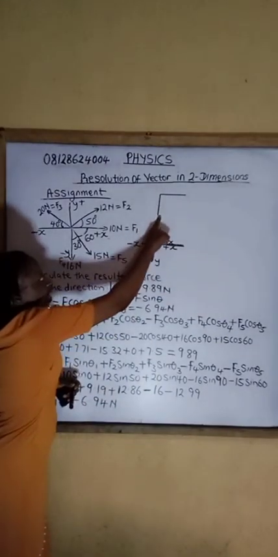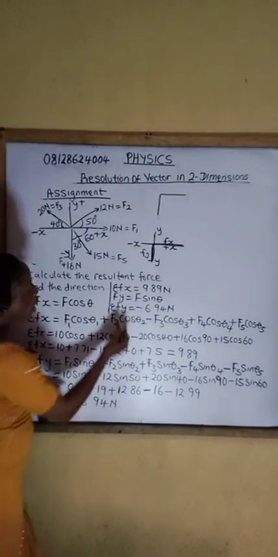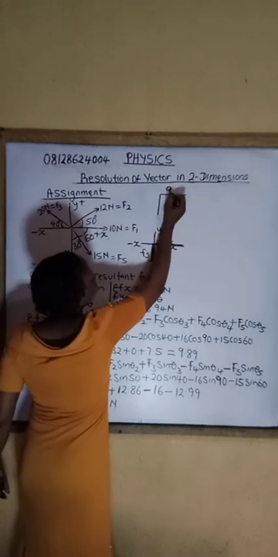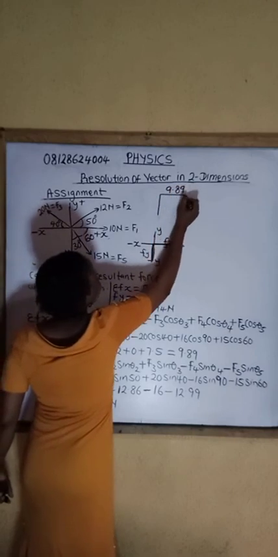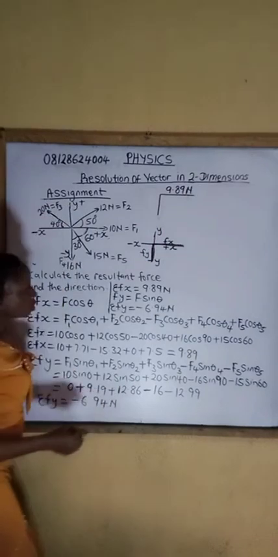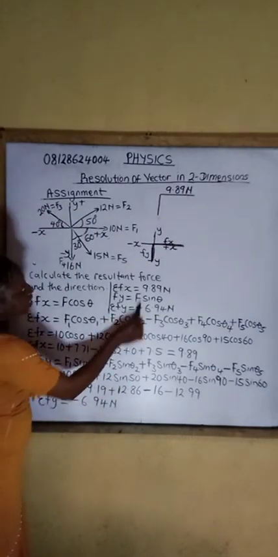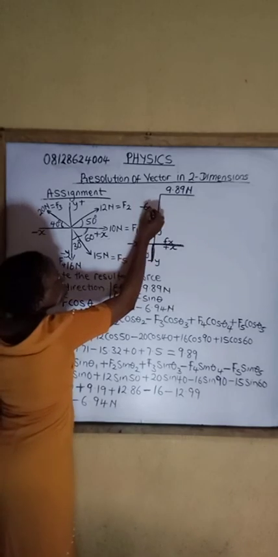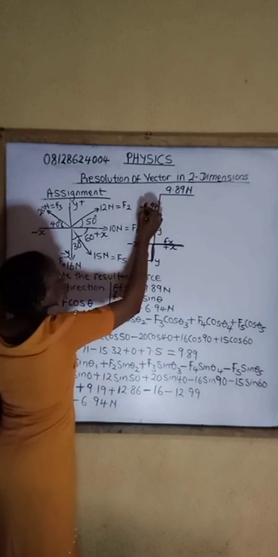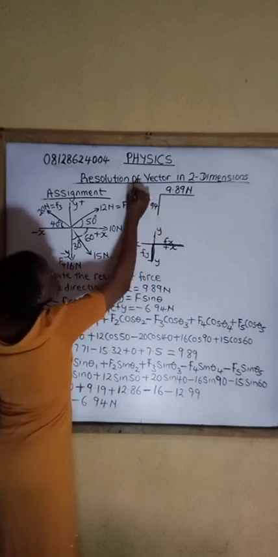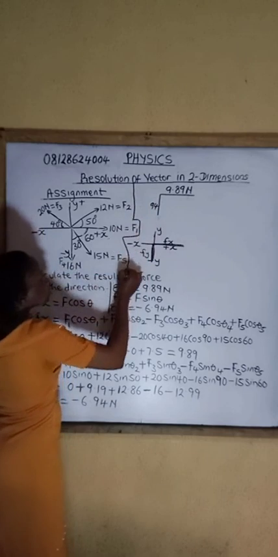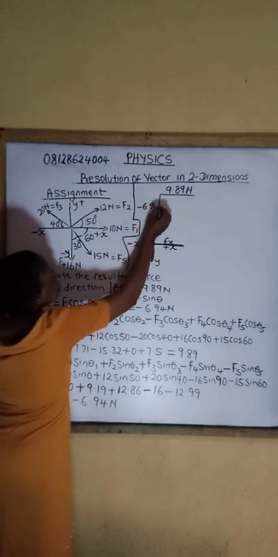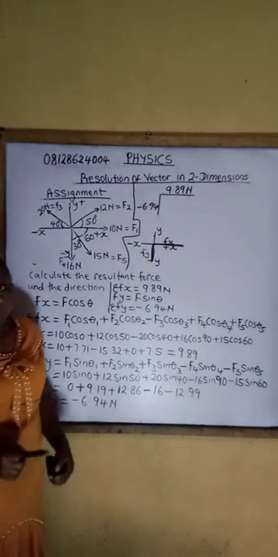Now, my fx is 9.89 Newton. Then my fy, which is negative, is minus 6.94 Newton. Can we see that?